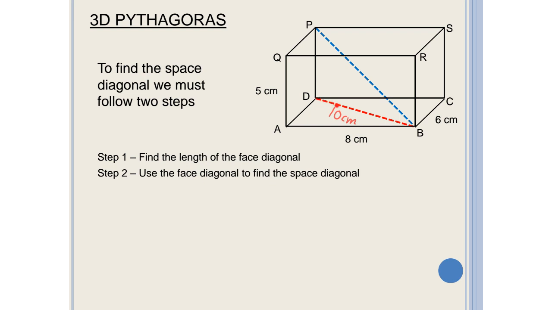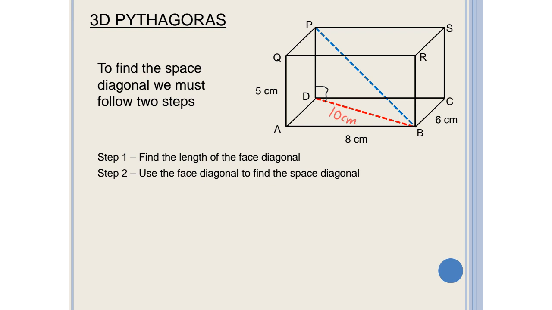So my triangle is going to be from D to B, from B up to P, and then from P back down to D. My right angle is going to be in here. Now remember, it's a 3D shape on a 2D space, so it's not as easy to spot it, but trust me, it's in there.